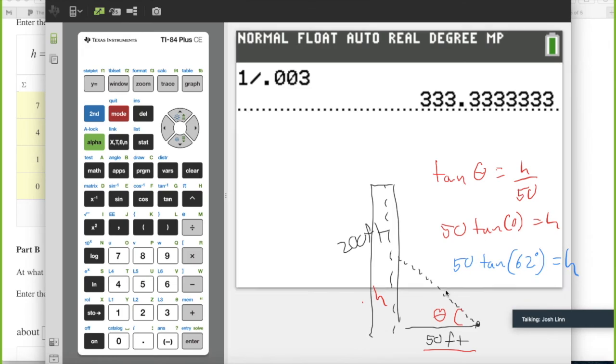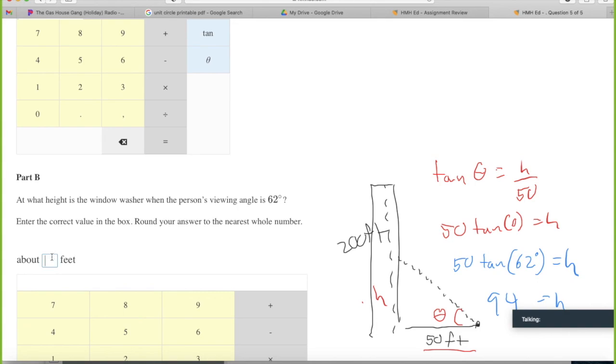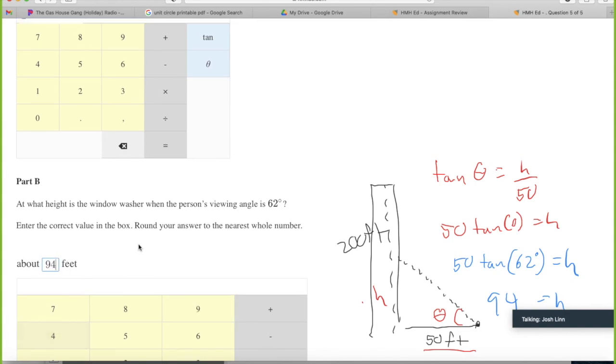And I'm just going to plug this all into my calculator. So if I use parentheses, tangent, 62 degrees, so h equals 94. At about 94 feet.